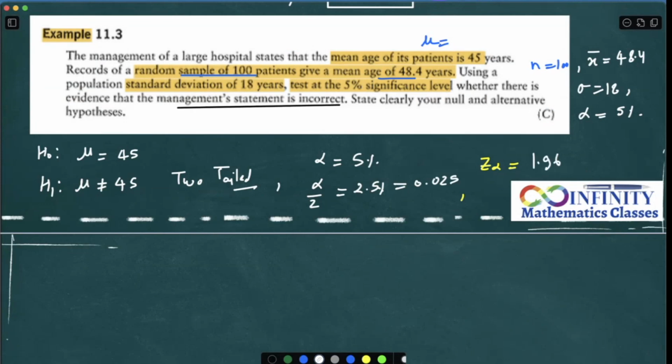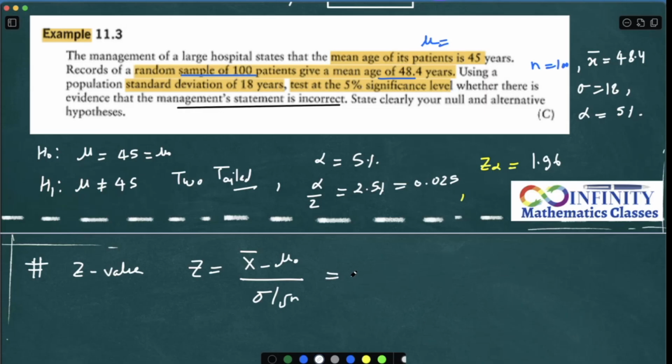Now let us find out the Z value. Z is X bar, the sample mean, minus mu naught, which is 45, divided by sigma over square root of n. X bar is 48.4, minus 45, divided by sigma, which is 18, divided by square root of 100.